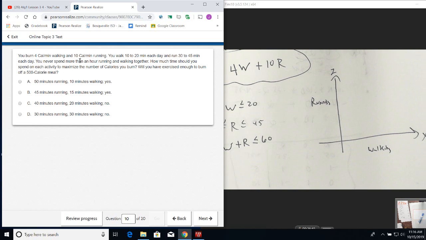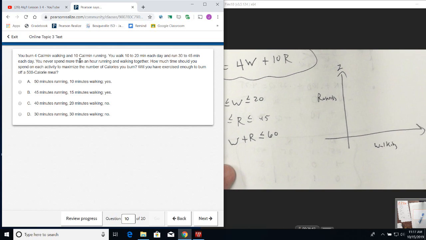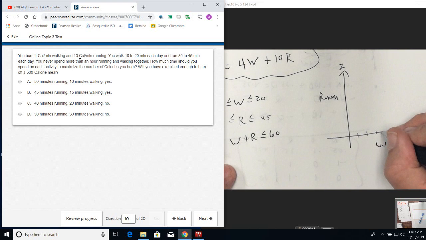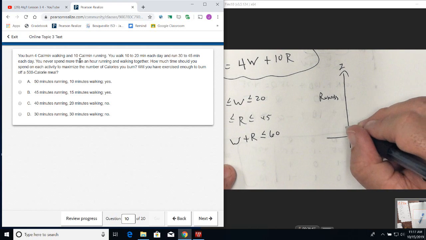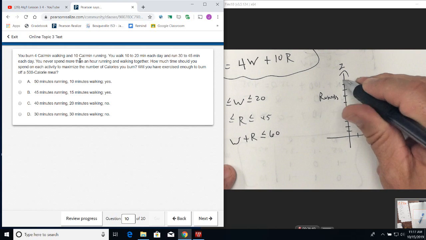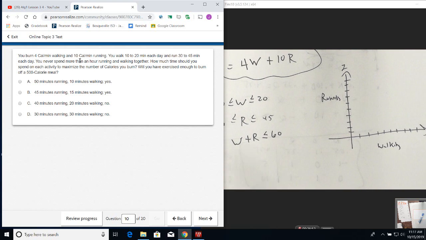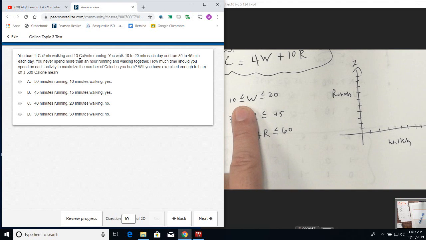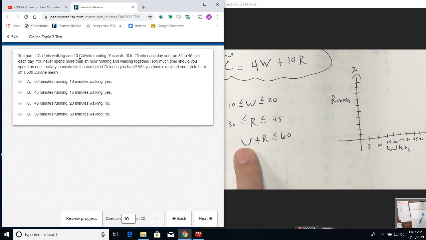Because I can't spend negative time, so it's somewhere in quadrant 1. So if I were to graph this, I need a good scale. Maybe I can go in intervals of 5: 5, 10, 15, 20, 25, 30, 35, 40, 45, and so forth.